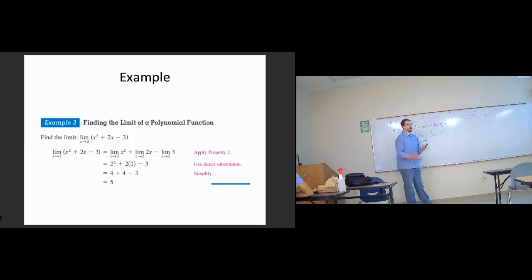Well, we know the limit as x approaches c of x is just c, right? And we know from the power rule that we can pull out that power, agreed? So we can apply direct substitution to this. Similarly, we can apply direct substitution to this. The limit of a constant is a constant.